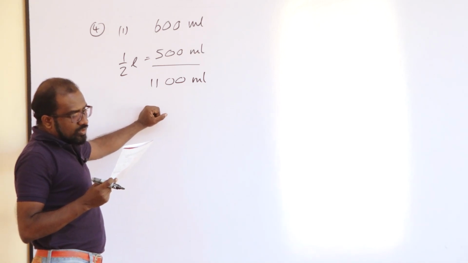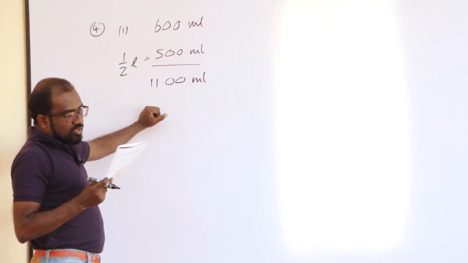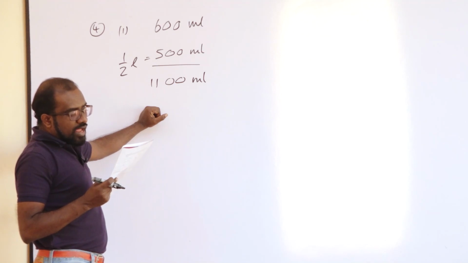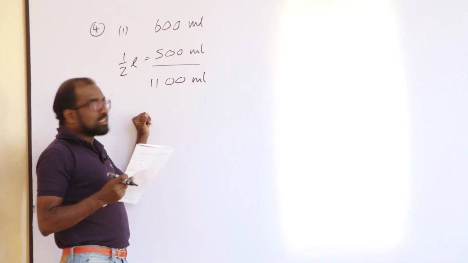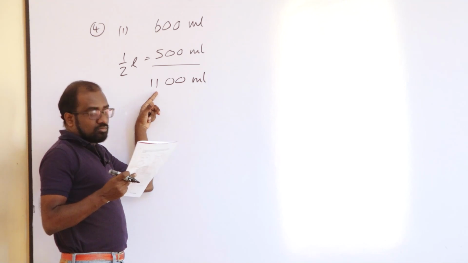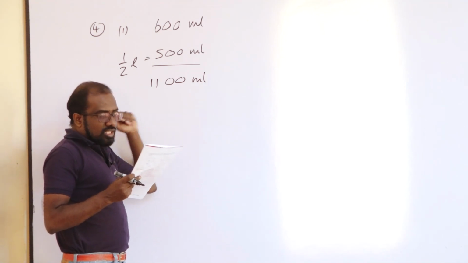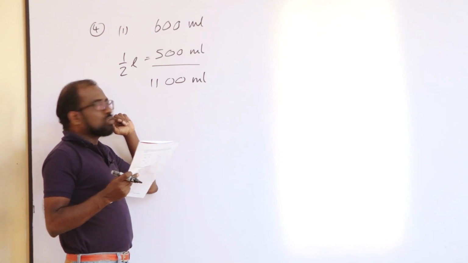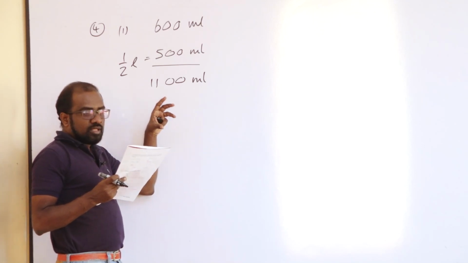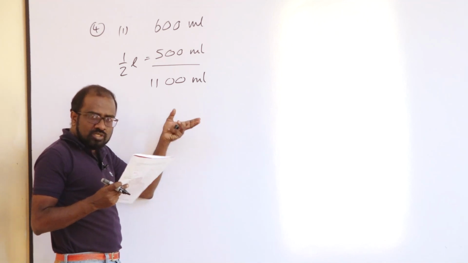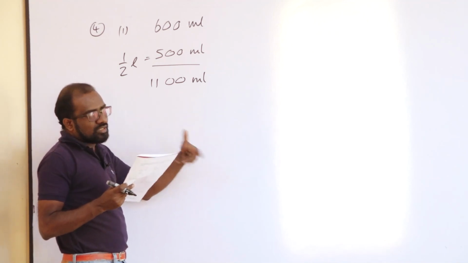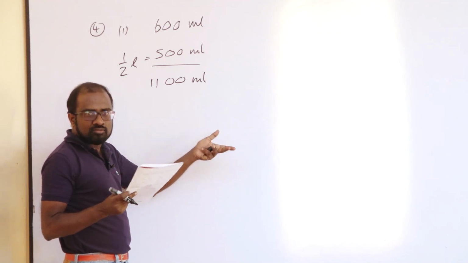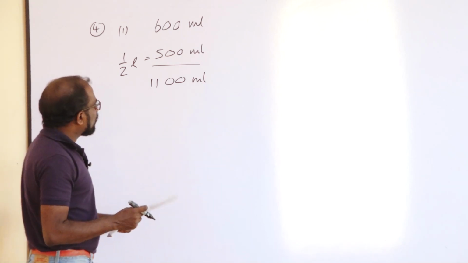Now, what does Vinita say? Vinita says both of them drank 1 liter of milk. So, is Vinita's statement true? Write the reason. Is it true or not true? Is this right or wrong?